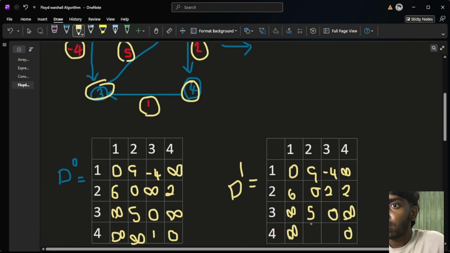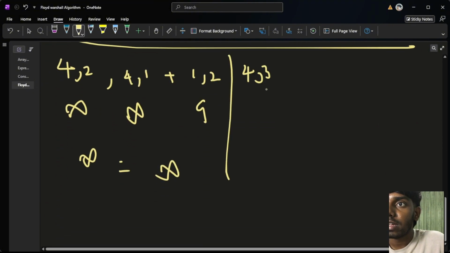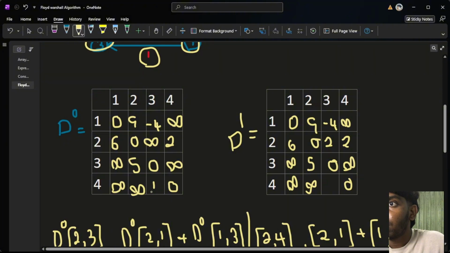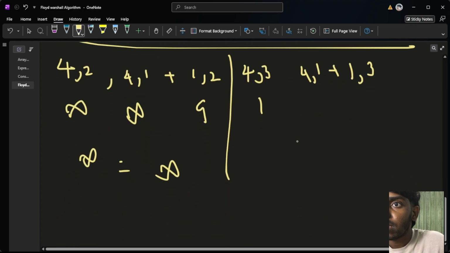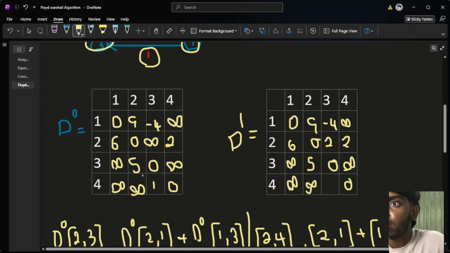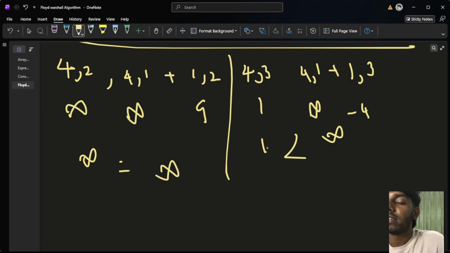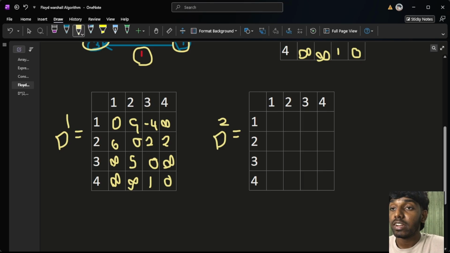So we are going to mark it as infinity, and we got the last one, 4 to 3. 4 to 3 is 1. 4 to 1 is infinity. 1 to 3 is -4, and you can see the 1 is the shortest. So this is the D1. Okay, so right now we are going to do the D2.